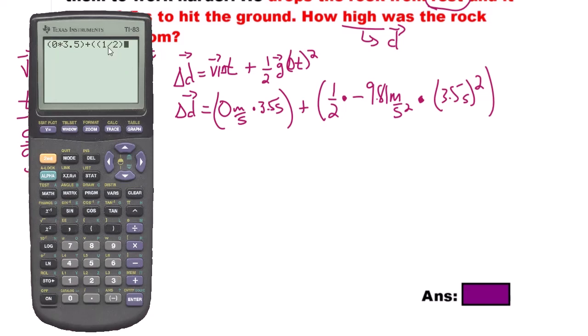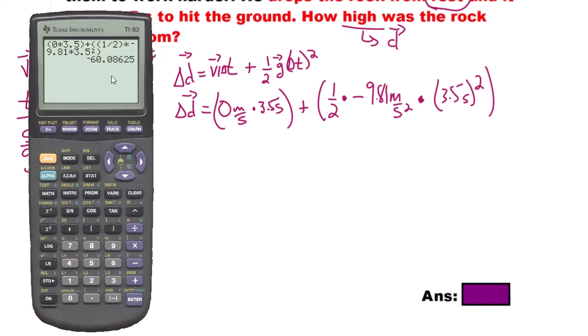I could have also put this as 0.5 times negative 9.81. I have to be sure to use the negative sign down here, not my subtract symbol. That will give me an error. And then times 3.5 squared. Then I can close my bracket. And the squared's got to be just on the 3.5, not outside the bracket. Otherwise, it's going to square this whole second term here.